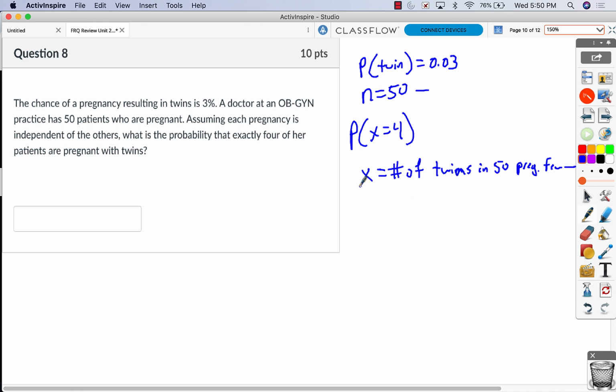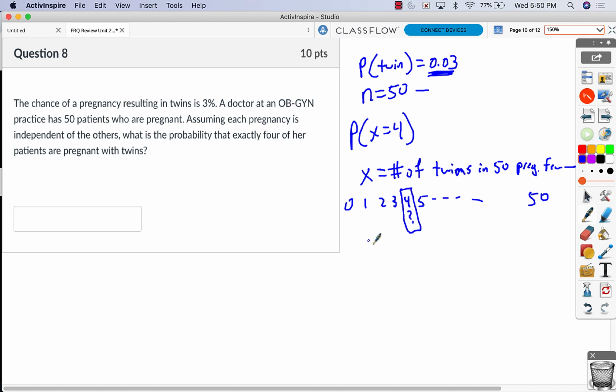That's what it is. It could be 0. None of them have twins. 1, 2, 3, 4, 5. They might all have twins. I mean, it's not very, very unlikely if there's only a 3% chance of having a twin. Sorry, they are all pregnant. They might all have twins. This is the number that have twins. So I'm literally looking for this one. That's what I'm looking for.